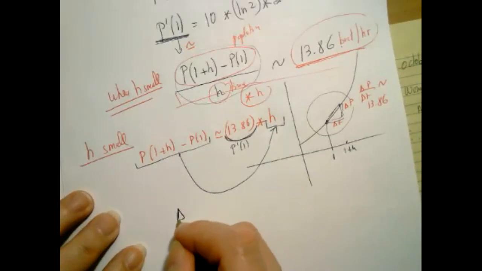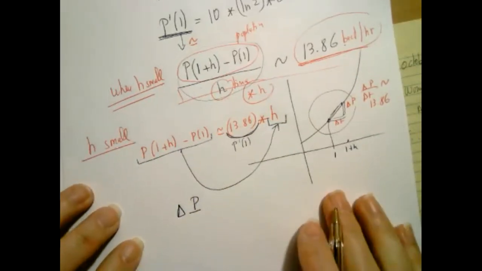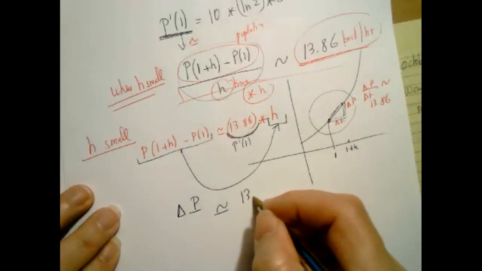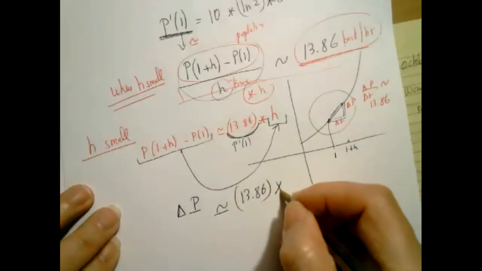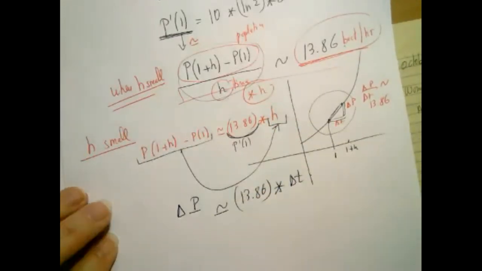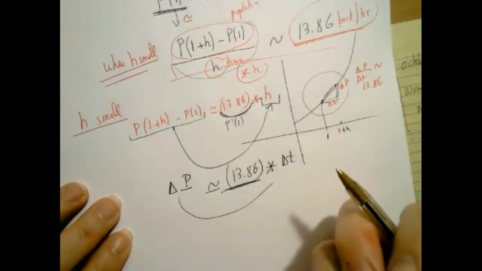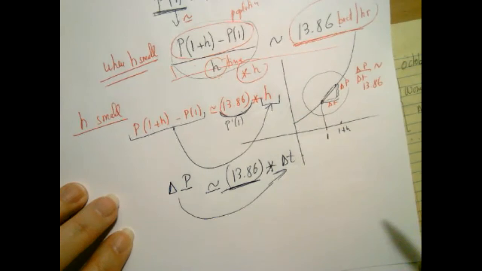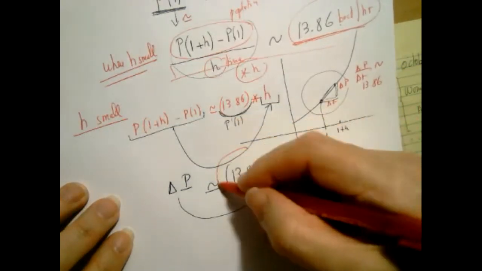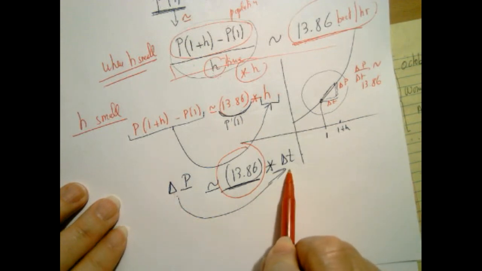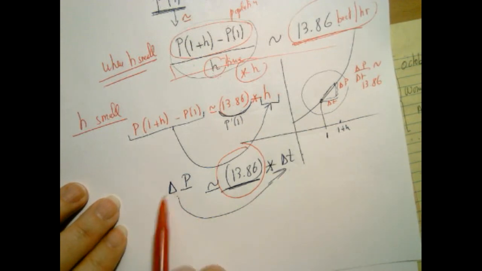So the change in population is almost equal to 13.86, which is the derivative, times the change in time. Think of it as a multiplier. The higher the derivative, the faster the population is changing with time.